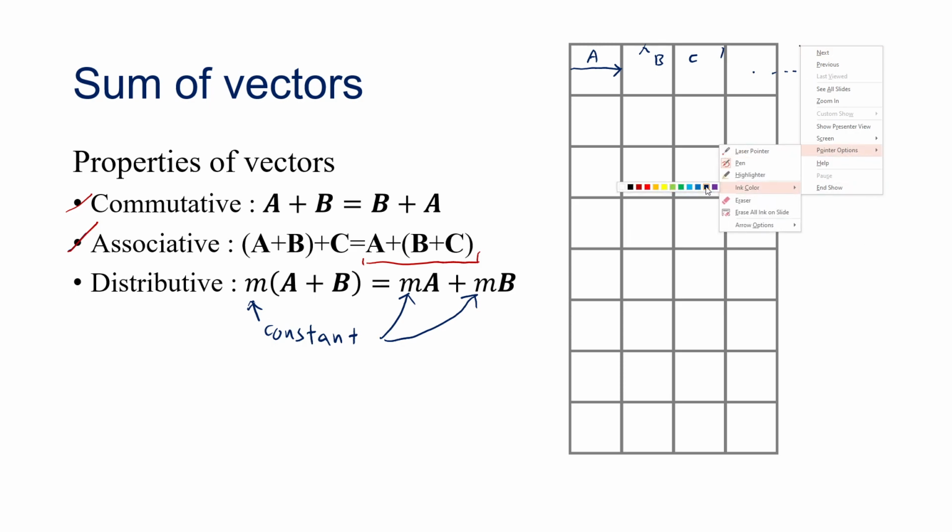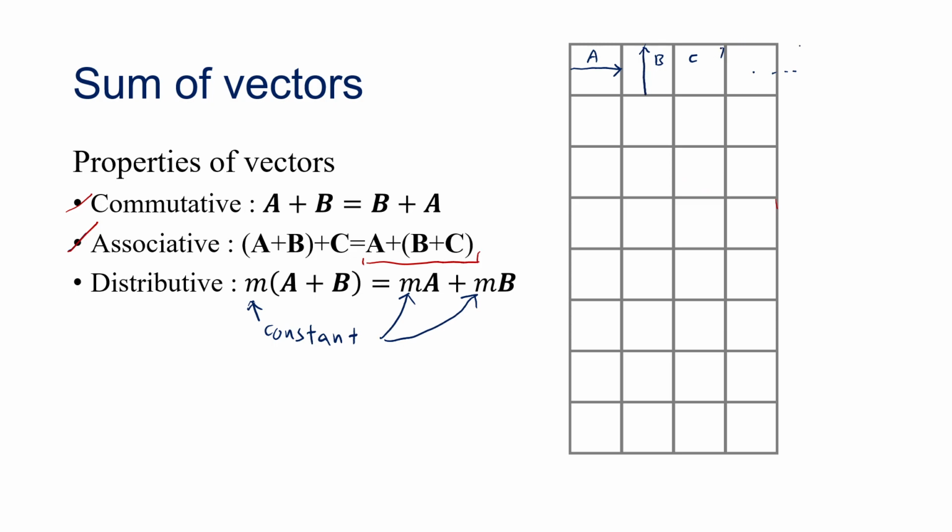Let me draw back the B and the C. Okay, so let's say we have a plus B. Now the A is something like this, B is something like this.